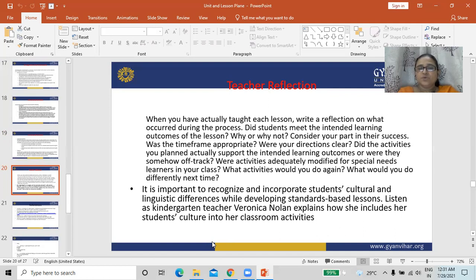What would you do differently next time? So consider these questions for a successful outcome of the learning. It is important to recognize and incorporate student cultural and linguistic differences while developing standards-based lessons.